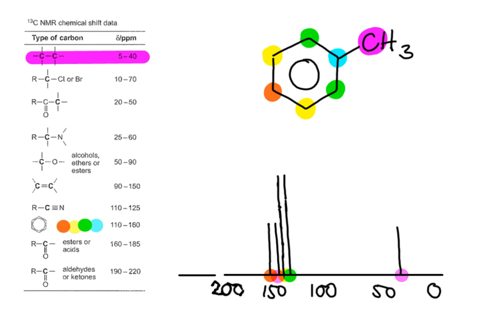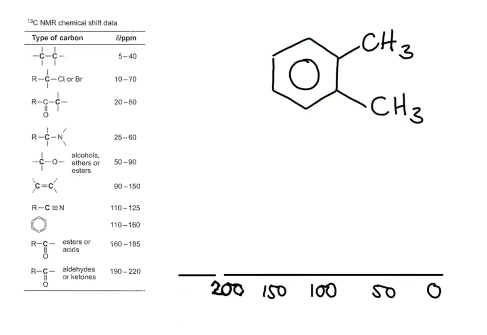Now let's see how adding a second methyl group next door, so here we've got 1,2-dimethylbenzene, how that might affect the symmetry and change the number of peaks. See if you can work out how many peaks this compound will have.